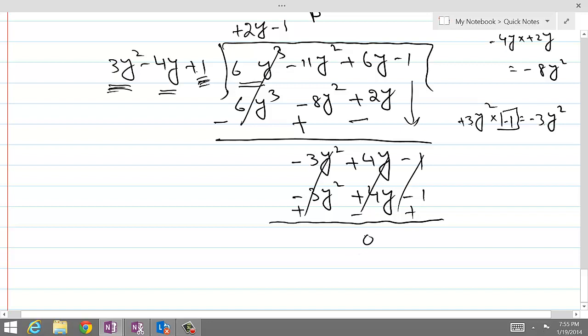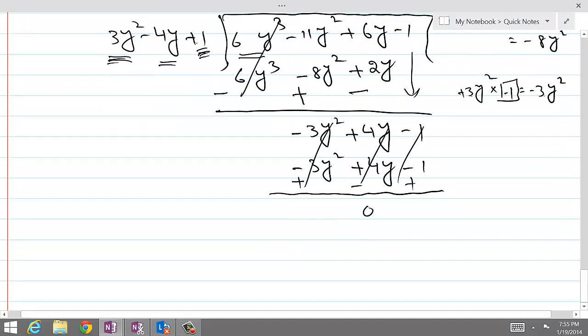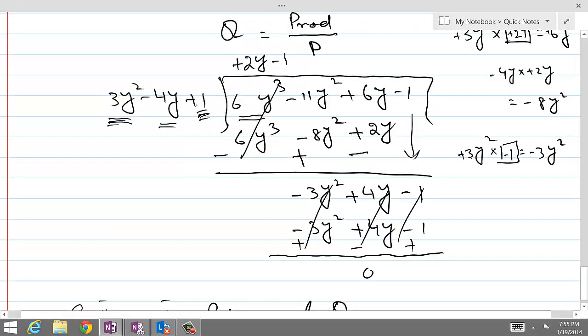Therefore, the other polynomial was 2y minus 1. And what was the name of that polynomial? Q. So, the other polynomial Q is equal to 2y minus 1.